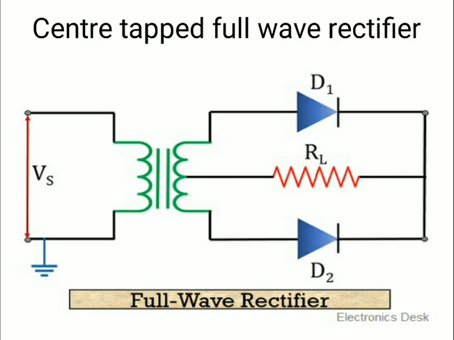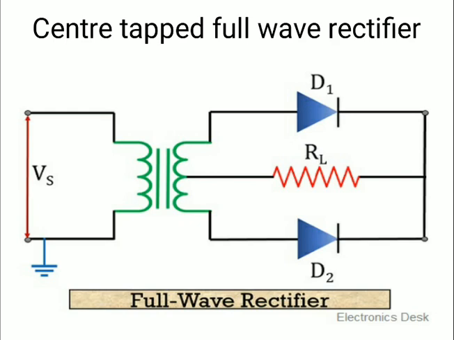So it will definitely follow the path of RL. The current goes from D1 to RL. So during the positive half cycle we get current through D1 and RL.